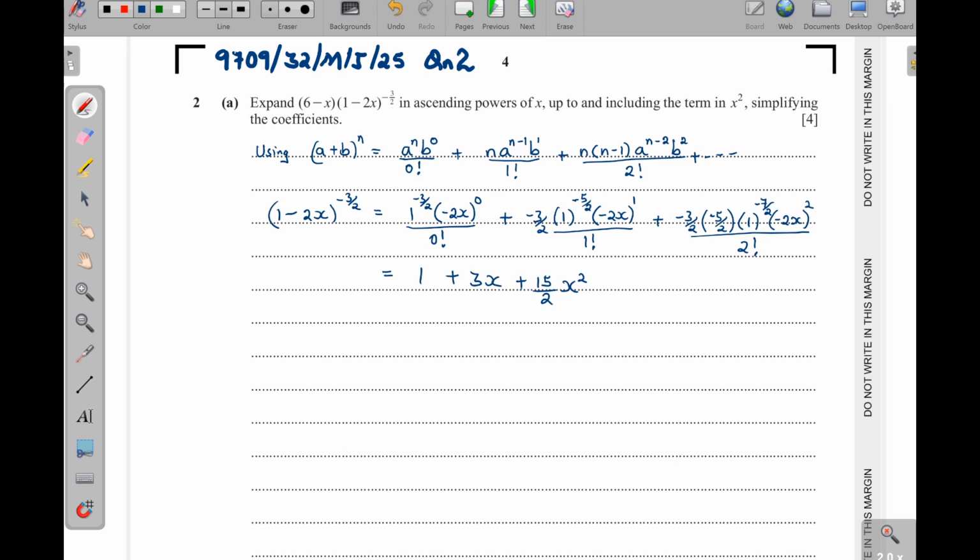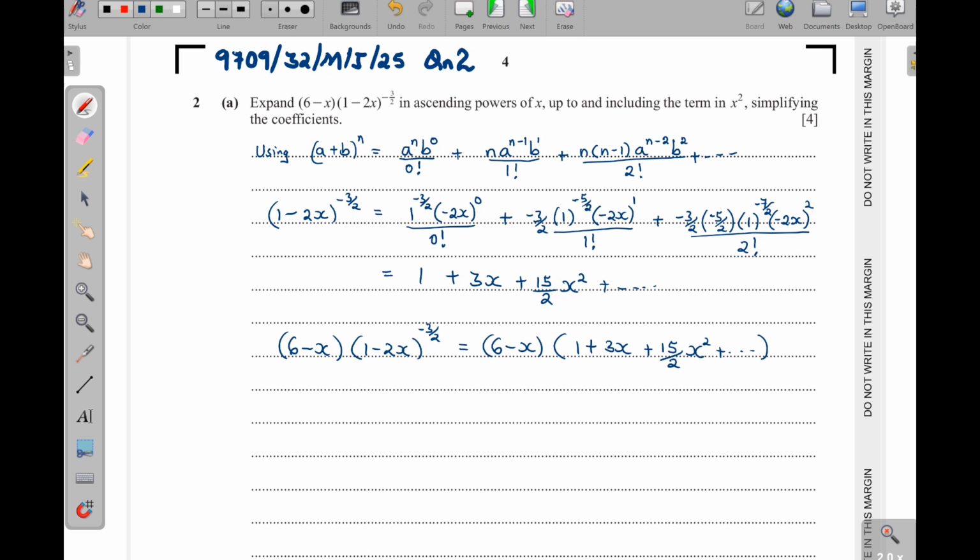Okay. Now 6 minus x times 1 minus 2x to the power of negative 3 over 2. That one is the same as saying 6 minus x, then times 1 plus 3x. By the way, this one is continuing, then plus 15 over 2, then x squared.